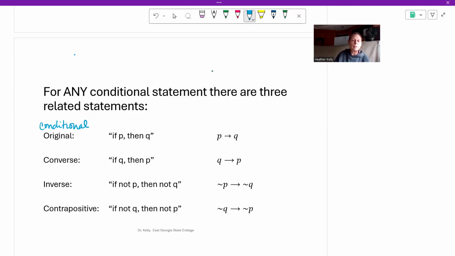And all these other statements, the converse, the inverse, and the contrapositive are the converse of the conditional, the inverse of the conditional, the contrapositive of the conditional. Okay. So let's go over this real quick.